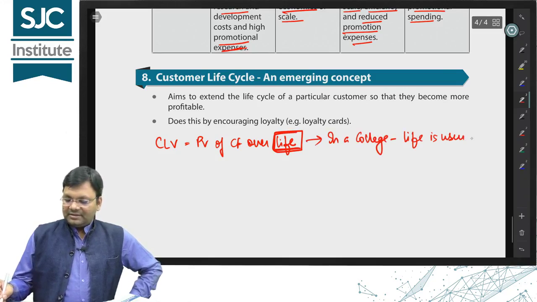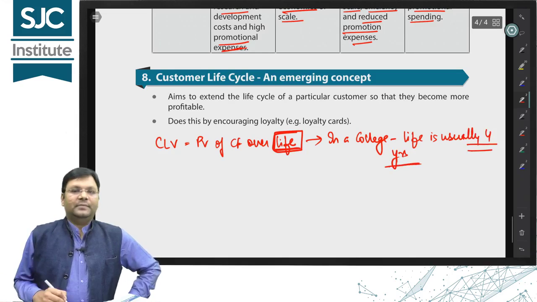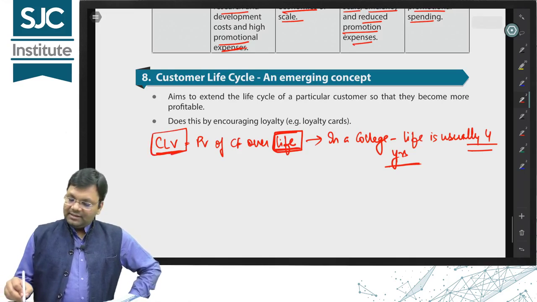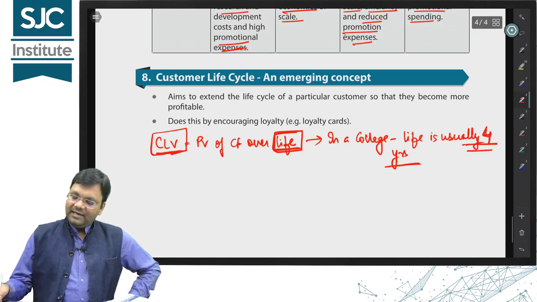Now in customer life cycle, what we are thinking is, how can we increase this life? In customer lifetime value, we're just calculating the benefits from this life period, but in the customer life cycle concept, we are trying to figure out how this life can be increased.